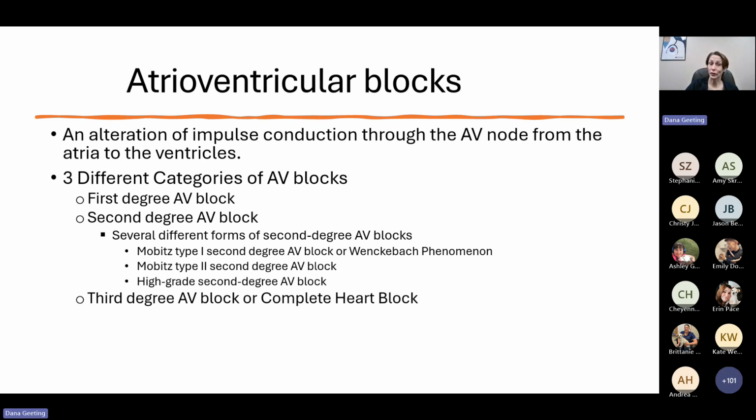You have a first degree AV block, a second degree AV block. There are several different forms of a second degree. You have a Mobitz type 1 or a Wenckebach phenomenon. You have a Mobitz type 2 AV block or a high grade second degree AV block. And you would have a third degree AV block or complete heart block.